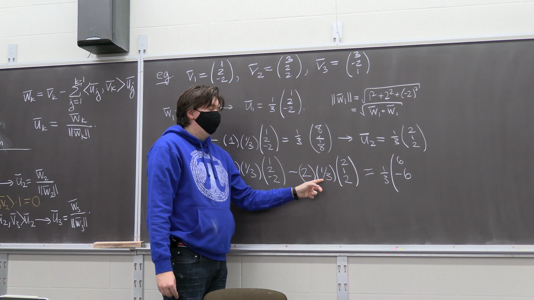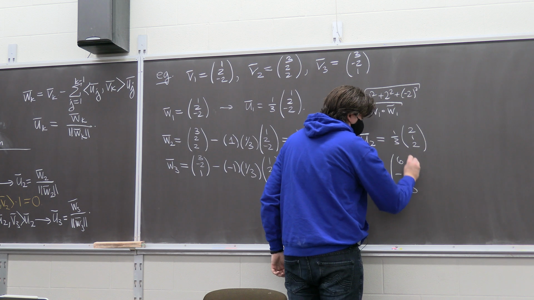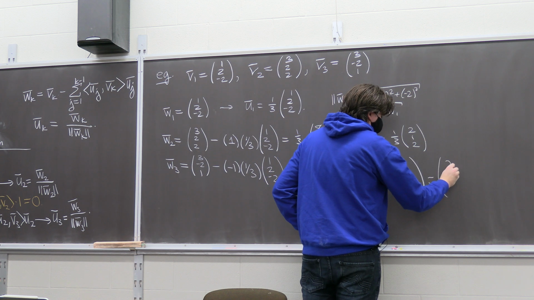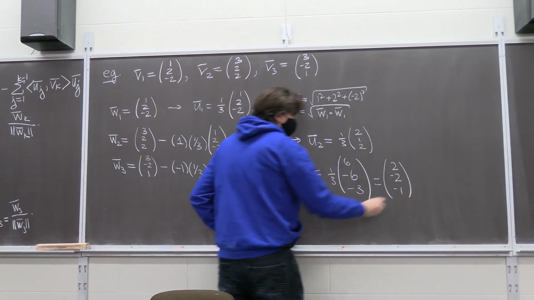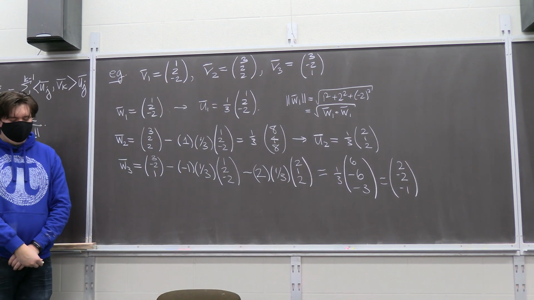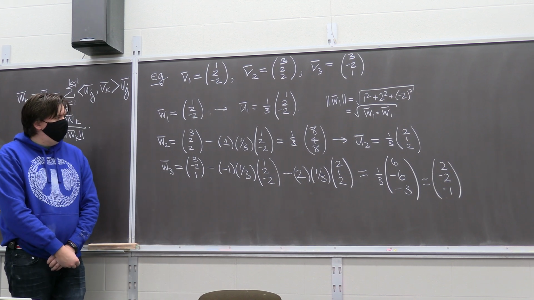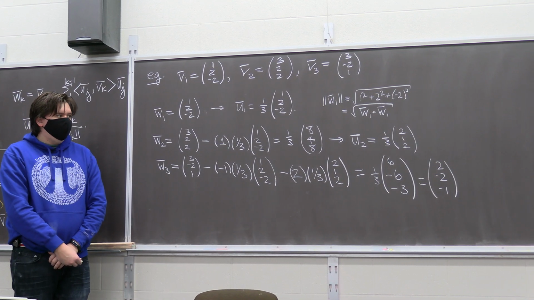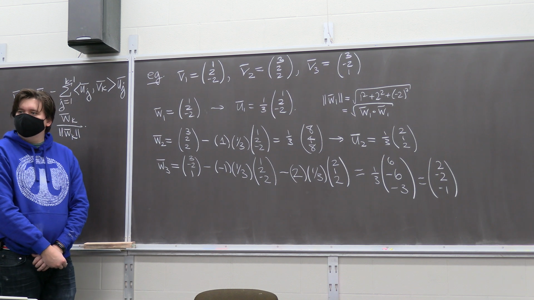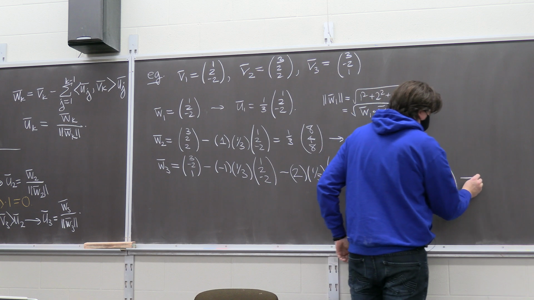Minus 4/3 is minus 3/3. Oh. So this is actually, if I did it correctly, just the vector 2, minus 2, minus 1. Yeah? Which we can then turn into a unit vector.